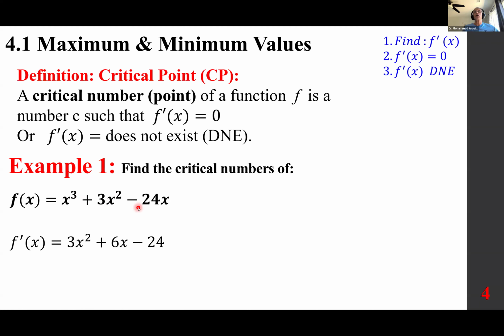The next step is to set f prime equal to 0. To do that, I'm going to factor the 3 out. That's a GCF. And that results in 3 times x squared plus 2x minus 8.